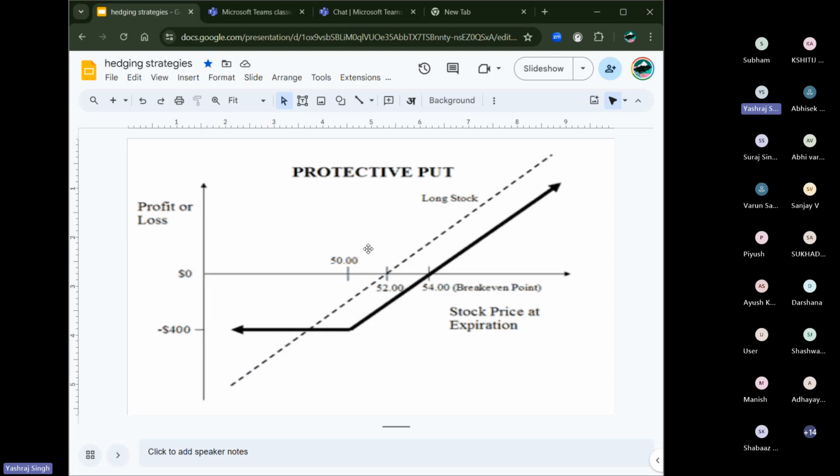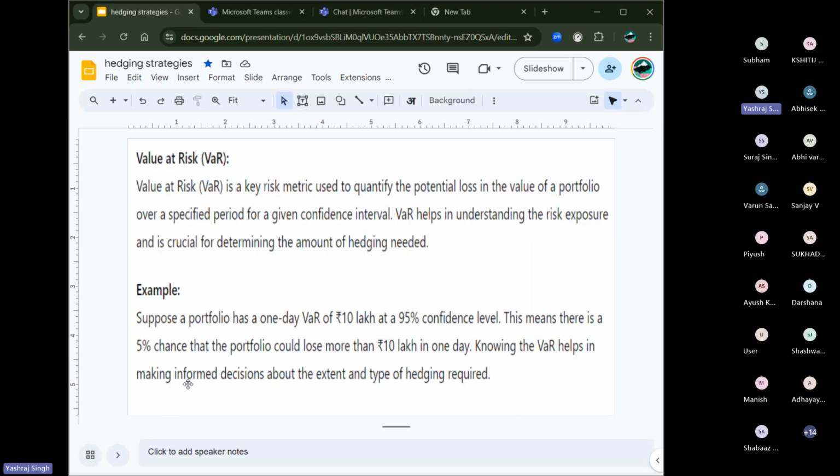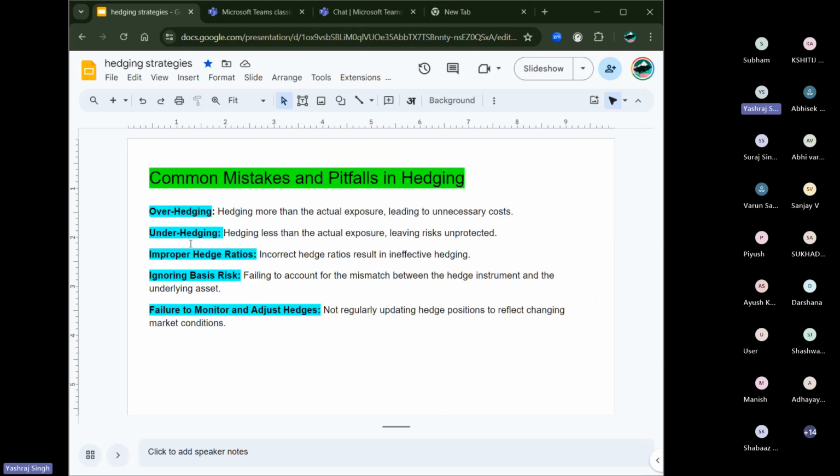It will only attract transaction charges and incur losses to you. So that is something we need to keep in mind, that we can't over hedge our positions, right? Under hedging is also a problem, just the opposite of that.